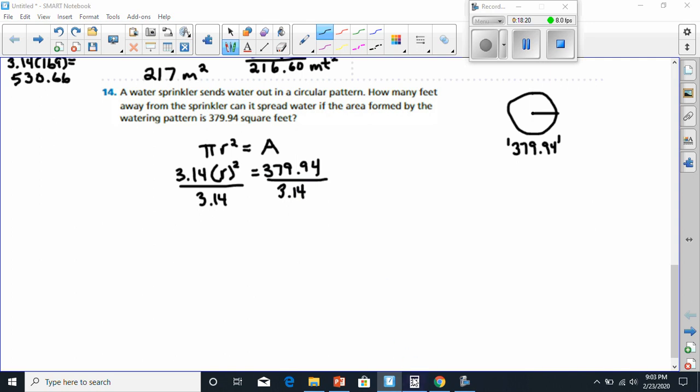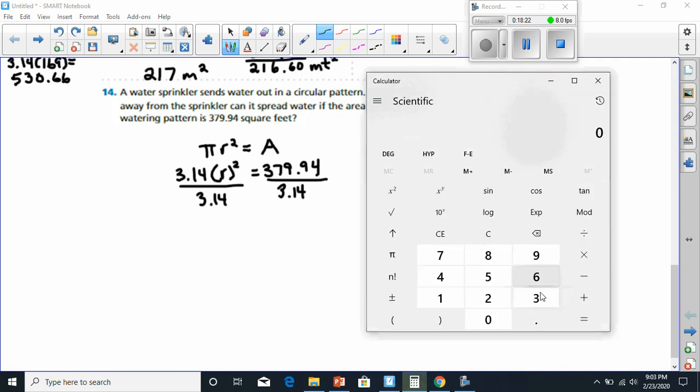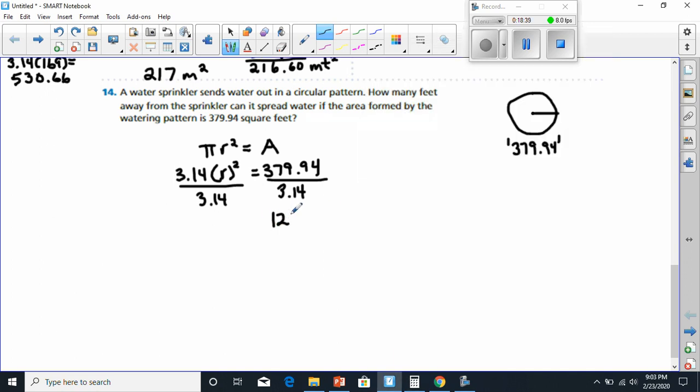And if I do that, let's see what I get here. 379.94 divided by 3.14 is going to equal 121. And that's going to be what r squared is.